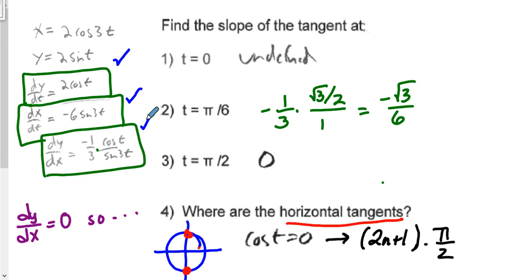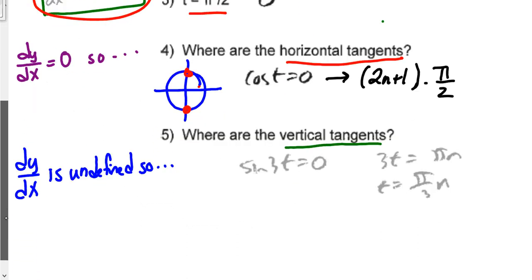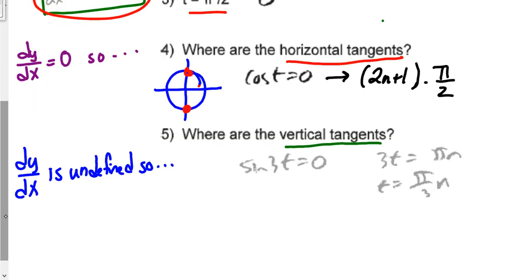Then it's just a matter of substituting in each of these values into that equation, okay? So you should get undefined, the equivalent of root 3 over 6, and 0, okay? Plug and check.